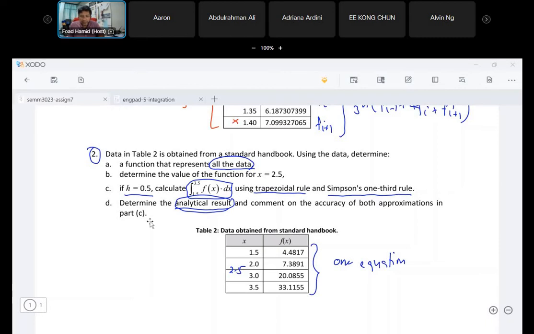Okay, so given these data points, how do we find the equation that represents all these 4 points here?